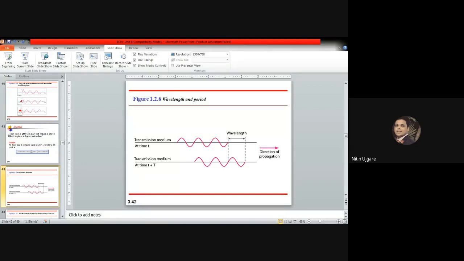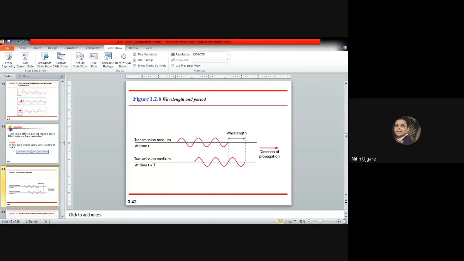Then we have seen the sine wave. We know that a sine wave is basically represented using 3 parameters that we have seen, namely amplitude, frequency, and phase. So frequency has one more characteristic, which is called the period. So we have seen the relationship between period and frequency.